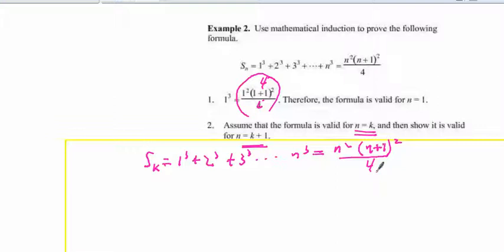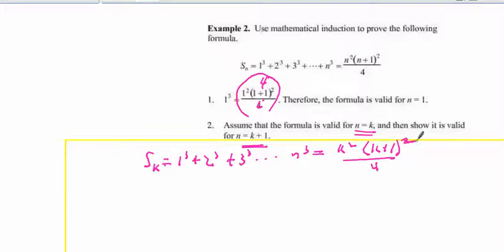Now, in this case, we should have actually used k here: k squared times (k plus 1) squared all over 4.